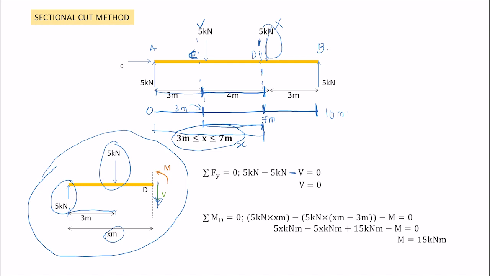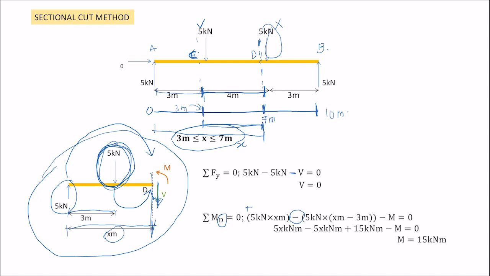And for moment, we have 5 kilonewton. We take moments about D. The 5 kilonewton going to D is clockwise, positive, multiplied by X meters. And we have another 5 kilonewton load here going to D, counterclockwise, negative.